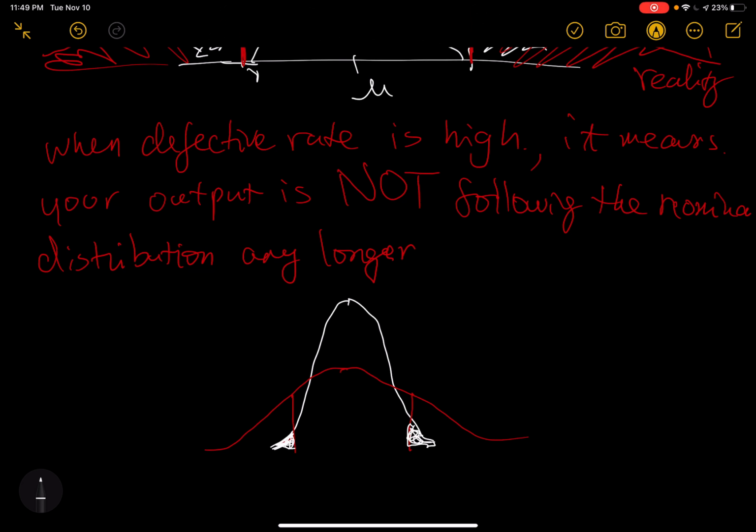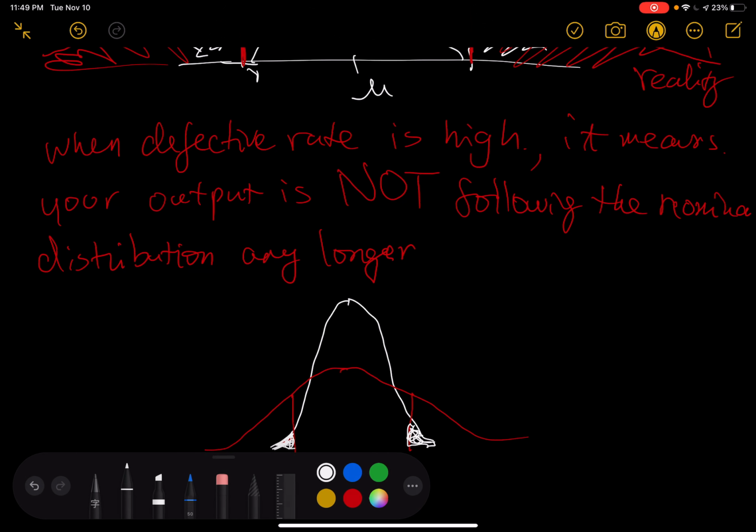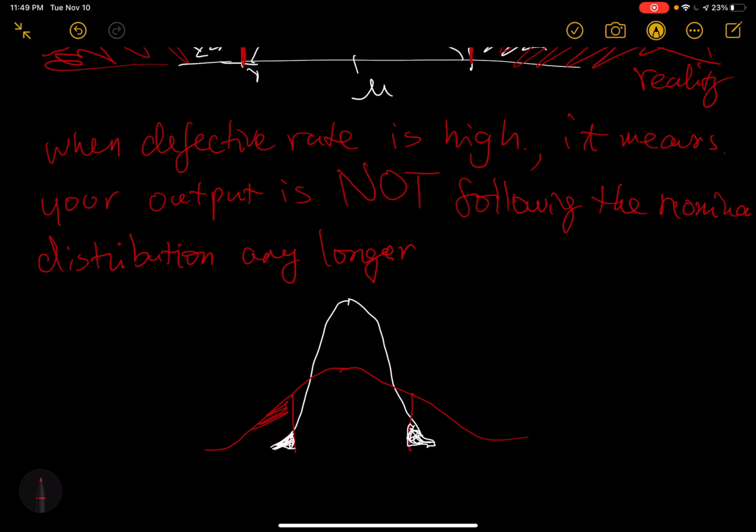But the real distribution is going to have way more defects. You see this? These are the defects.